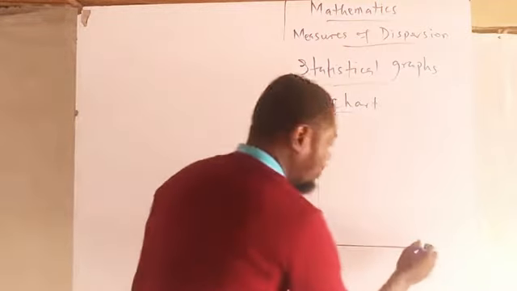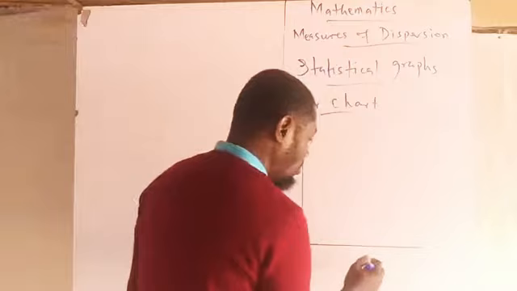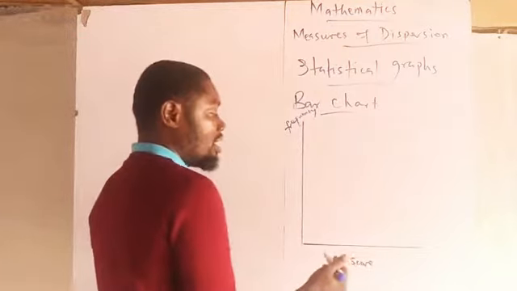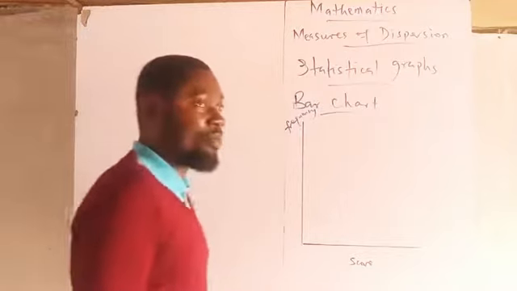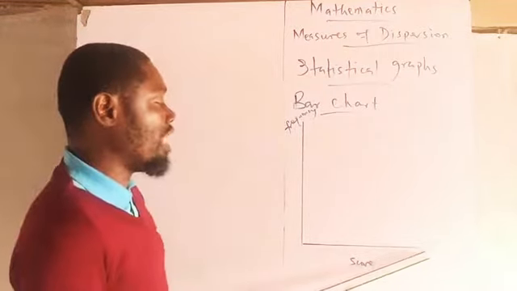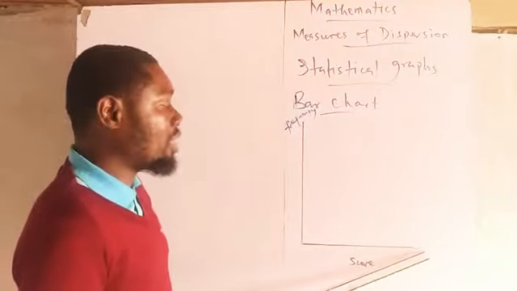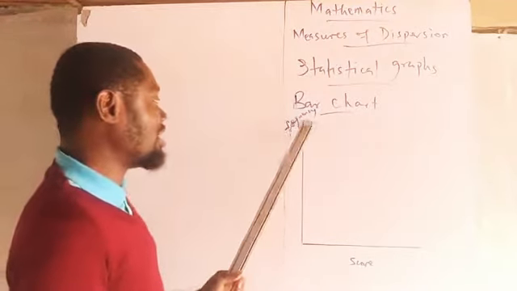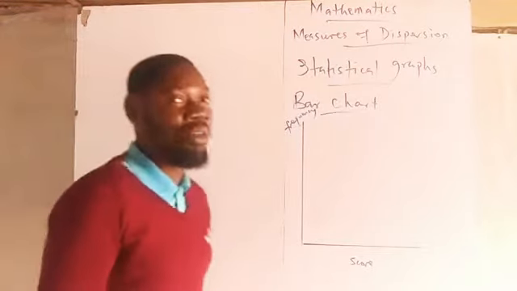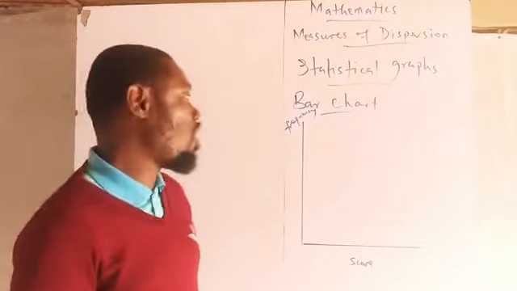And this part is your score. Your score will be written here. Here's your x-axis. If you're plotting graphs for equations, your x-axis is also called your abscissa. Now for the bar charts, we use rectangular bars.